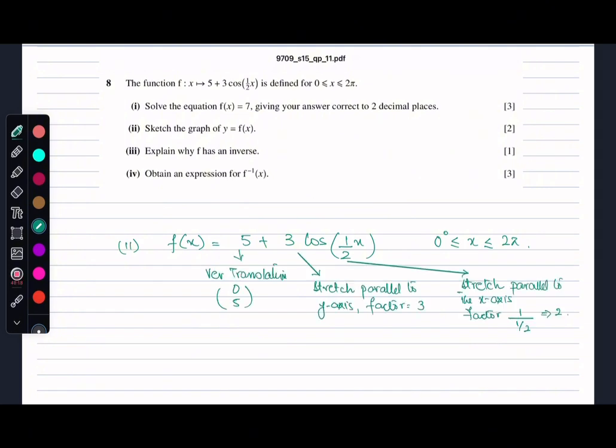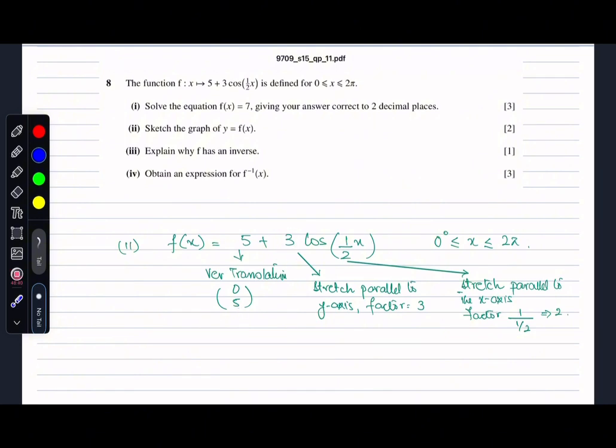With respect to the function that we have, we should be understanding the transformations that are taking place here. Number one, we have a constant 5, which means it needs to be translated upwards in the vertical direction, and the vertical translation shall be represented as (0, 5).